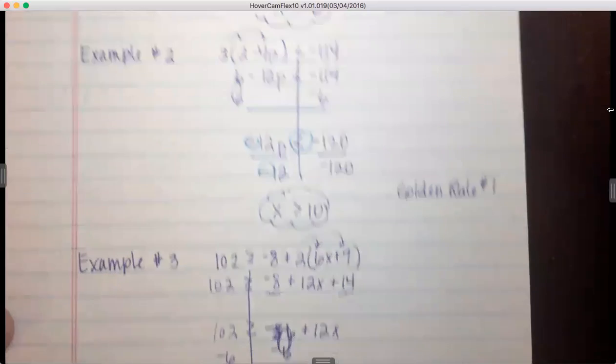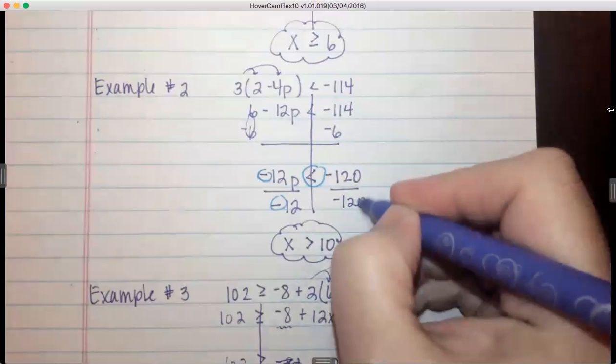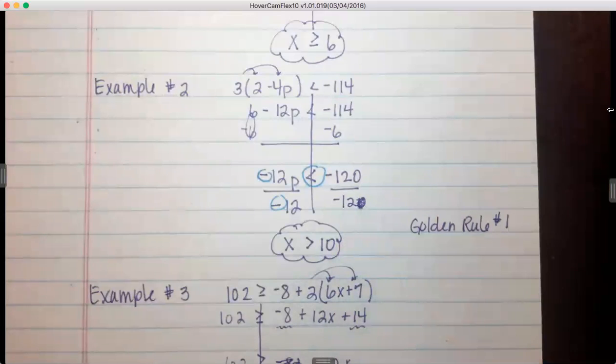Okay, I'm going to come back up to example 2 for those of you who want to stick with me. If you don't want to stick with me, you don't have to. I am just going to say that if I picked a number that was greater than 10 right here, because it got flipped around, let's pick something.